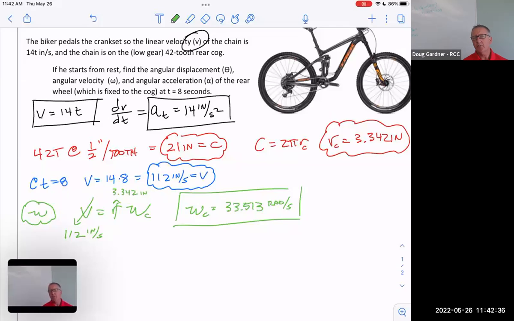So about 6 radians per second would be one lap. This is like 5 times that, roughly. This is spinning 5 times in 1 second. So that's pretty fast. I'm probably not going to be able to see it really, just kind of a blur. It's a lot of motion for 1 second. Ooh, that's pretty fast.